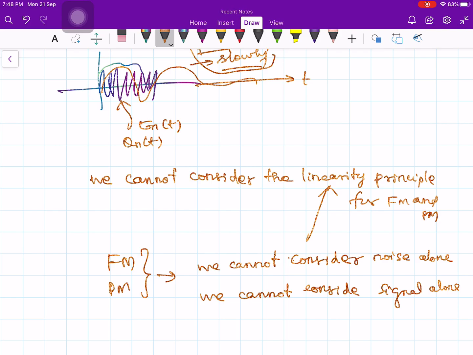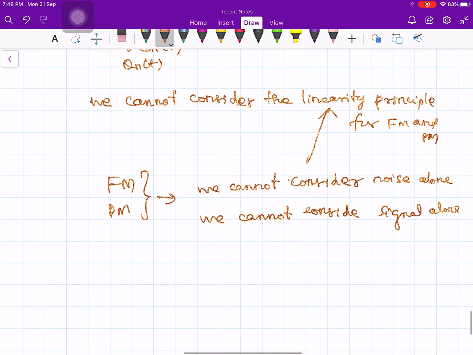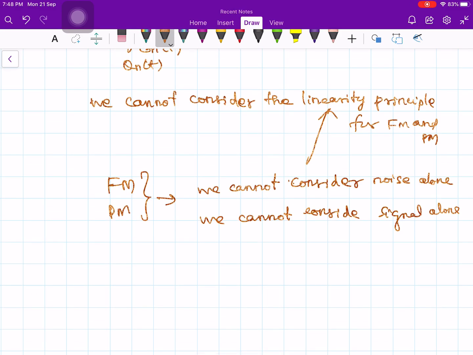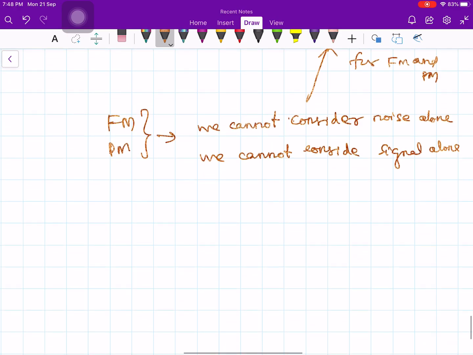Okay, so the best thing to do is start with the sum of these two, S of t plus N of t, which is what you will have at the demodulator input. Therefore at the demodulator input you have these two coming together.